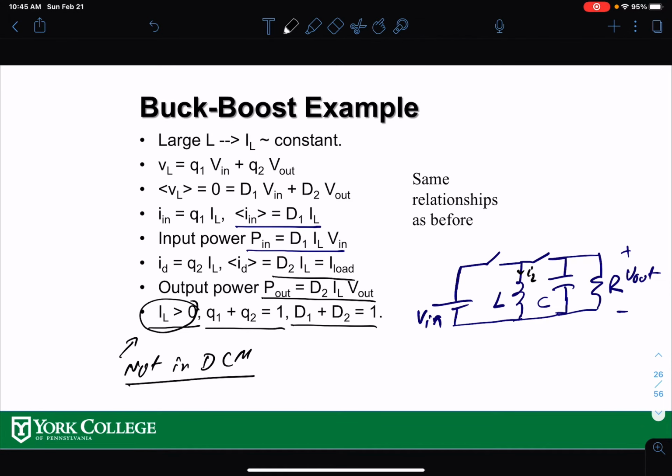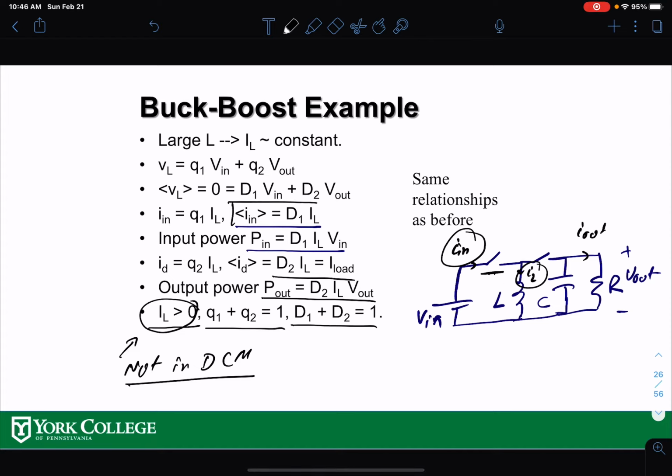In the critical operating condition, this is your input current, and this is the output here. The average input current is equal to the inductor current times the amount of time D1 is on, or switch 1 is on.